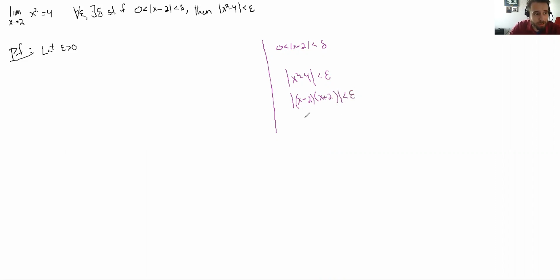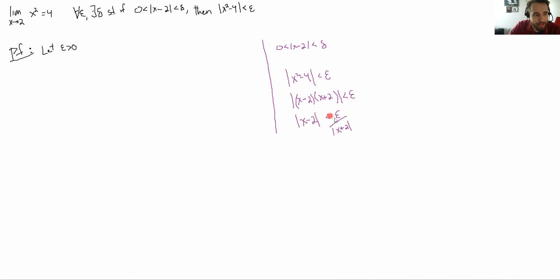And what we would love to do now is take x minus 2 to be less than epsilon divided by x plus 2. This is what we've done in the past with other scratch work. And we see that this would be really nice because we're trying to choose a delta so that we place x minus 2 in this range.